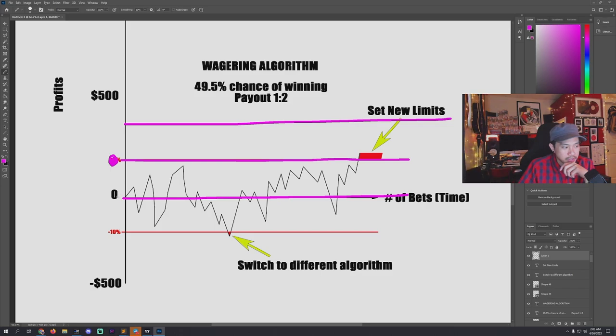So we're going to move this 0 graph back up here. That's all we're doing. We're going to reset everything and run the algorithm all over again.